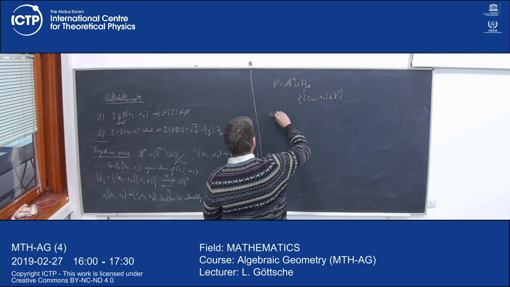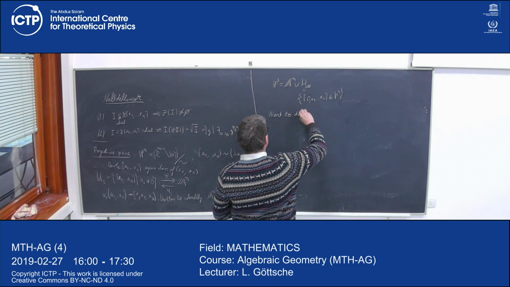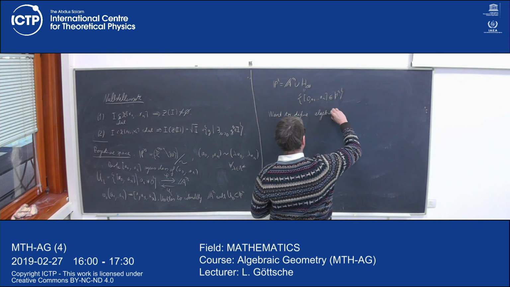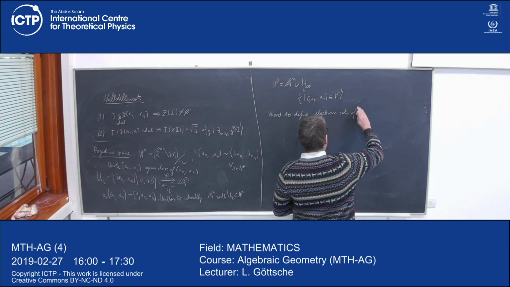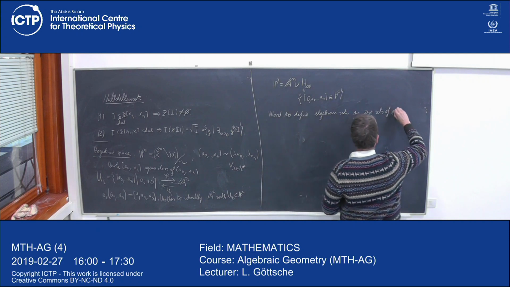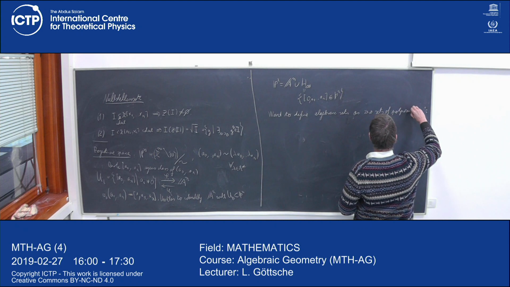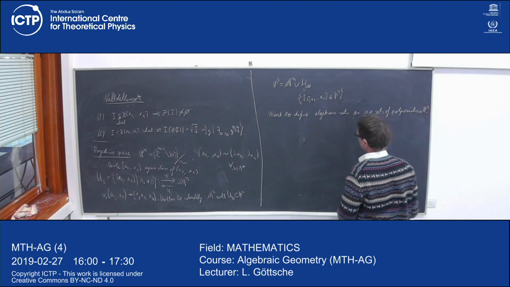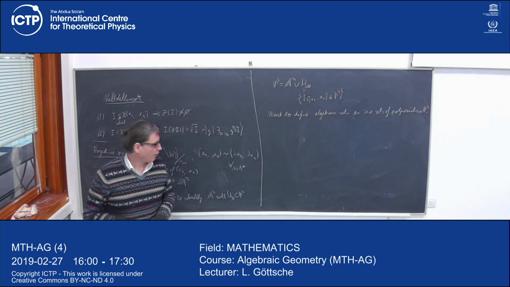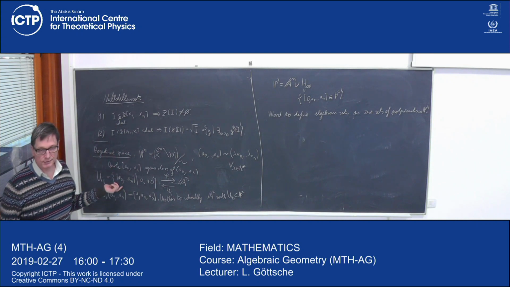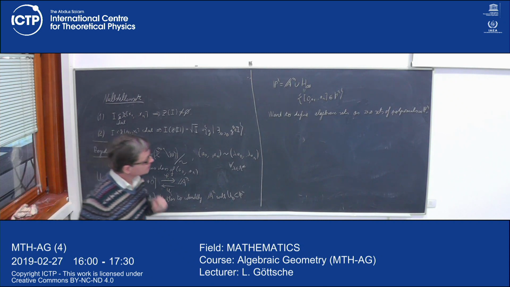We want to define algebraic sets as zero sets of polynomials in Pn. So these will be projective algebraic sets. On this space we have n plus 1 coordinates, so we need to use polynomials in n plus 1 variables.